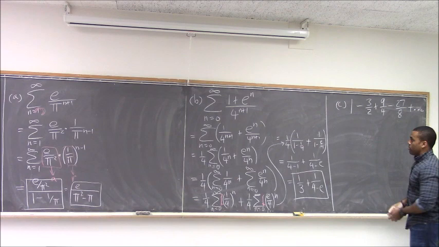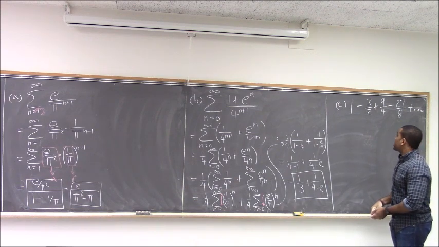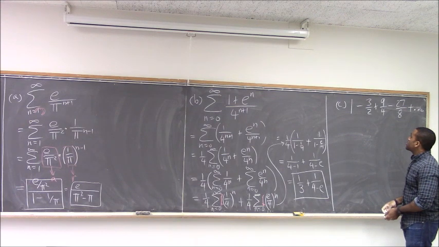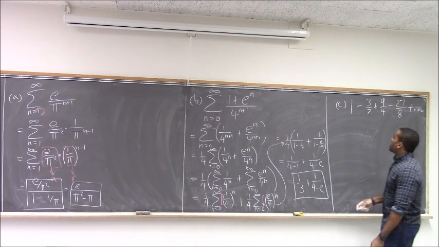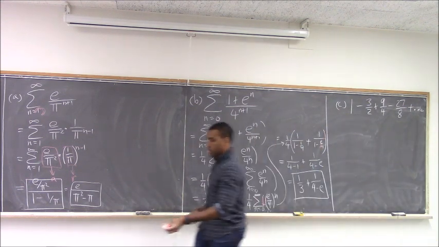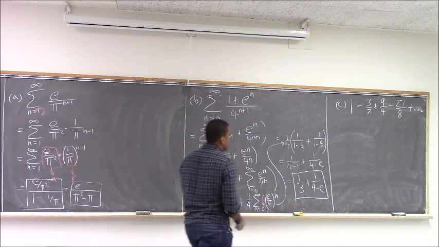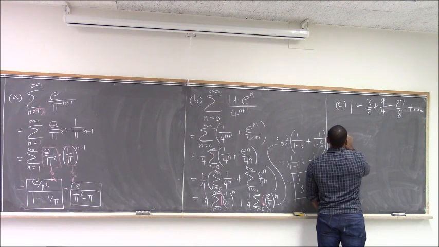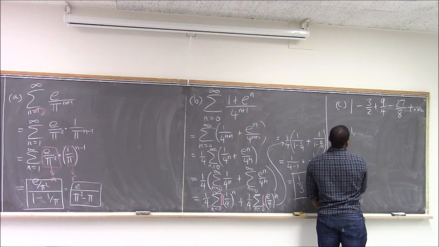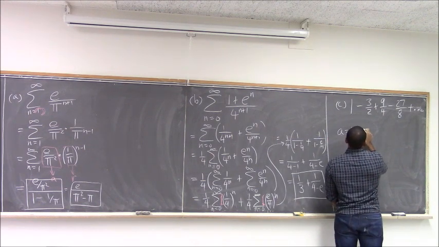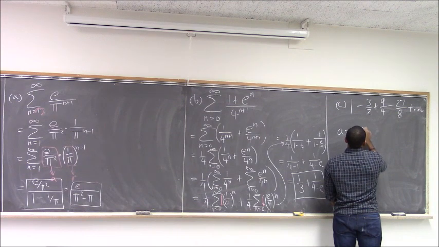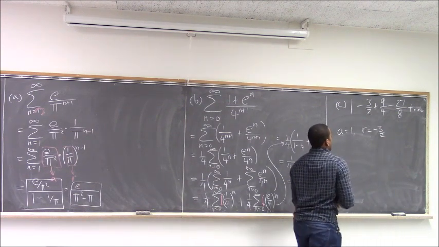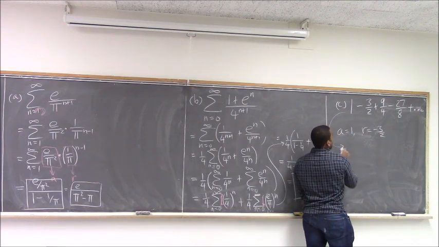What about this one? I think that one converges to 1 over 1 minus negative 3 over 2. So how did you actually write that? So the a is the first term, which is 1, and r will be the second one, negative 3 over 2. Right. Well, a couple ways you can see this.